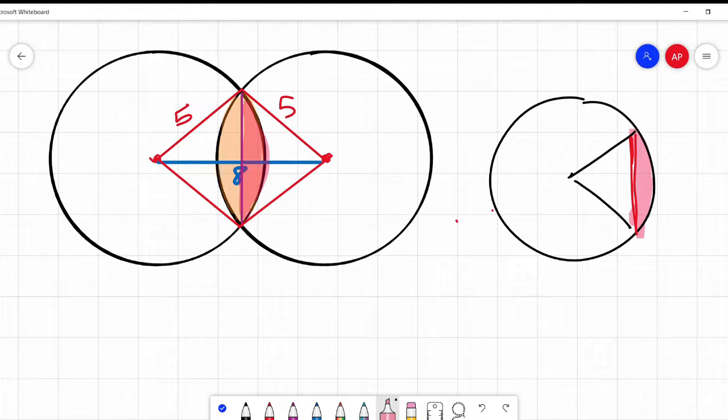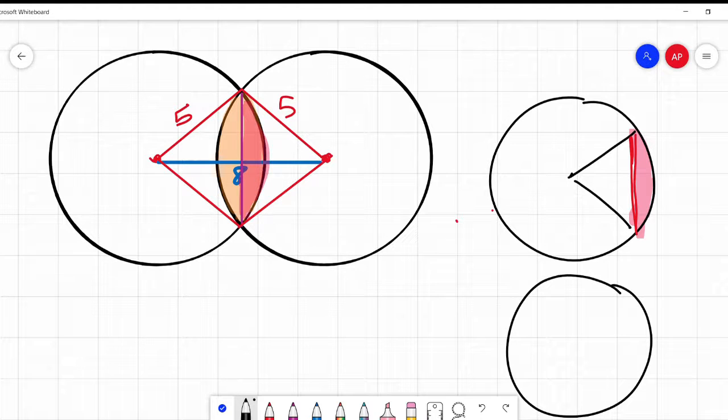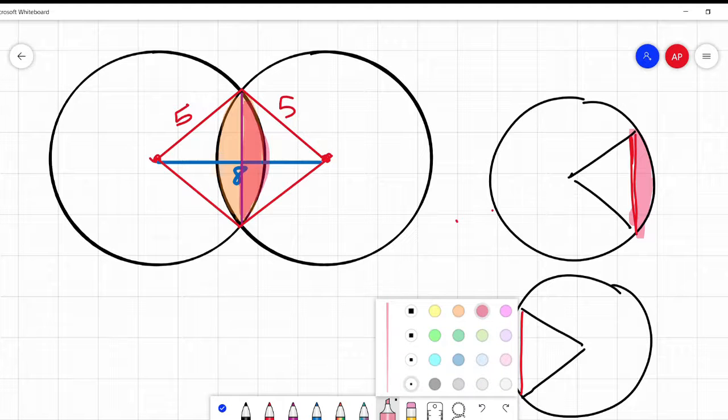On the right, I have an identical sector, just facing the other way, and another chord creating an identical segment. These are identical circles, so when they overlap, they're creating identical segments.